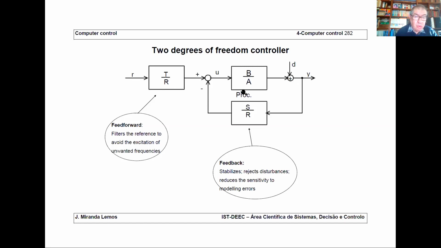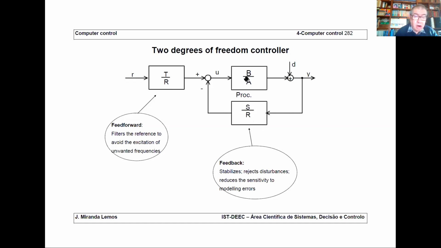Imagine that your system was highly oscillatory. Now, you know that at some frequencies, if you excite these frequencies, the system will oscillate a lot. Of course, you can do pole placement by designing S and R. But you can also play with this polynomial T to avoid that the components of the reference in the frequency range in which the system oscillates are present.